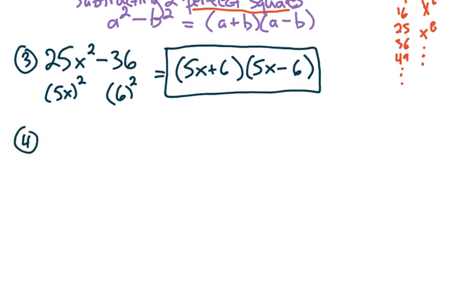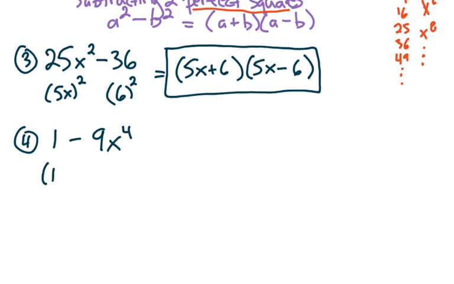All right, let's try another one here. Let's do 1 minus 9x to the 4th. So notice they're both perfect squares, so we're good there. Now, I'm subtracting them, so we're going to use difference of squares. There's also not a GCF between these two.